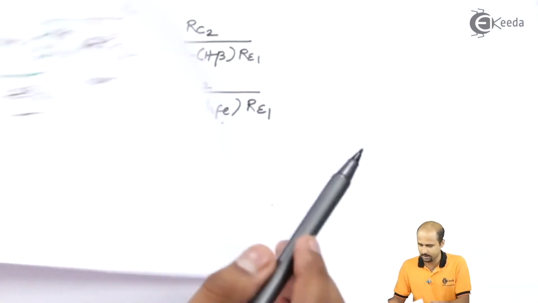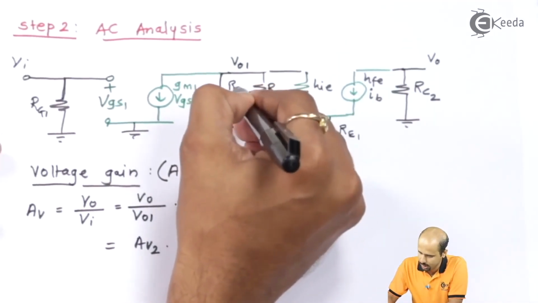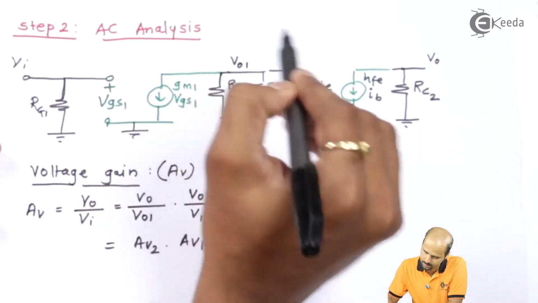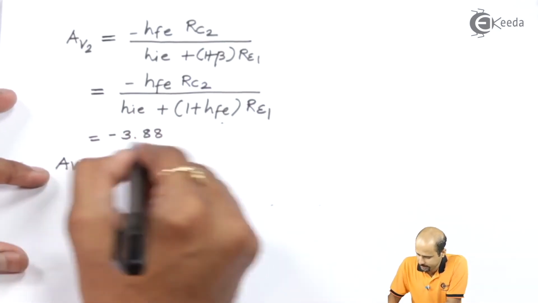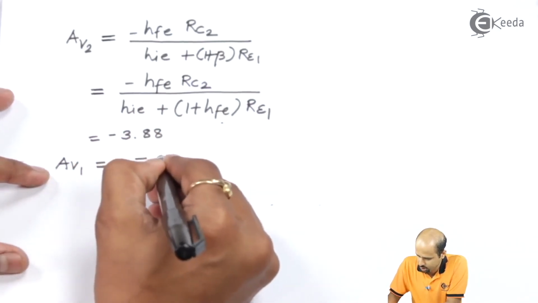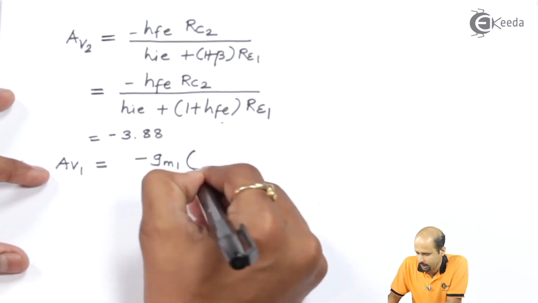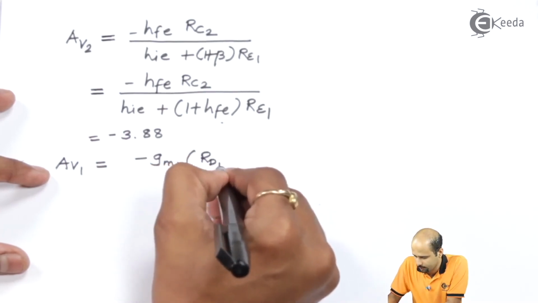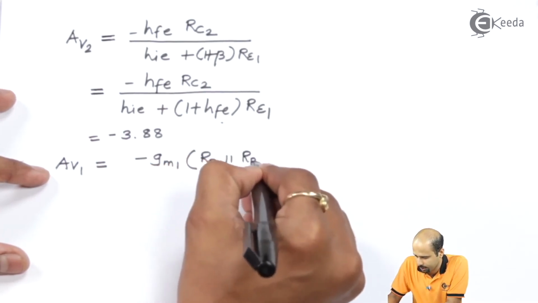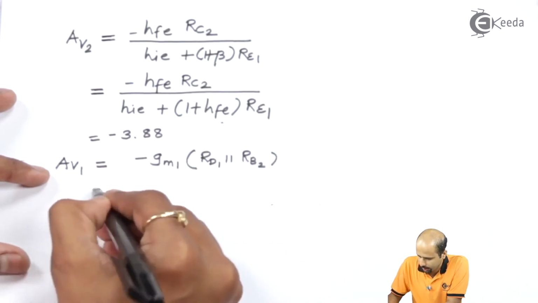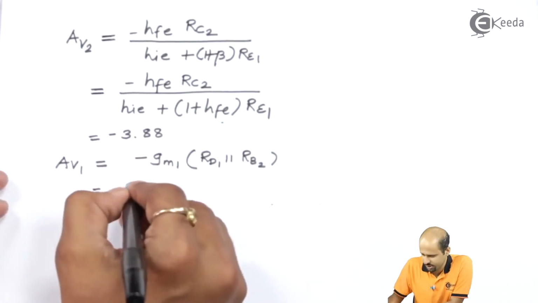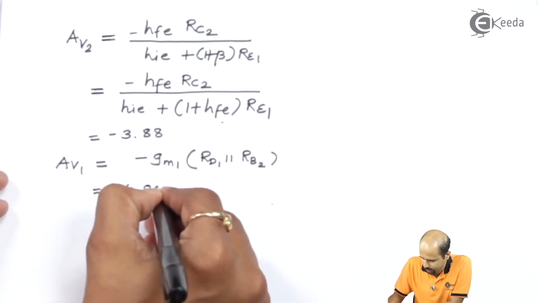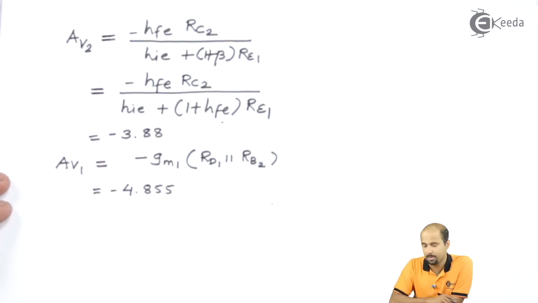This is your RD1, and RD1 and RB2 are in parallel, so AV1 will become minus of gm1 into RD1 in parallel with RB2. Calculate this value and then come to me. So the answer is minus 4.855, the value of AV1.